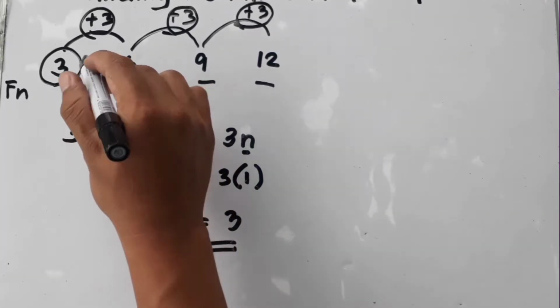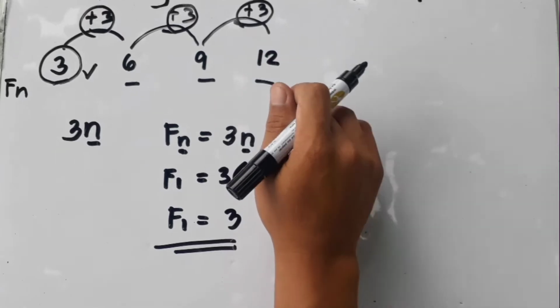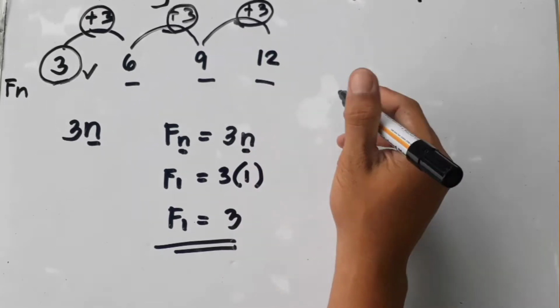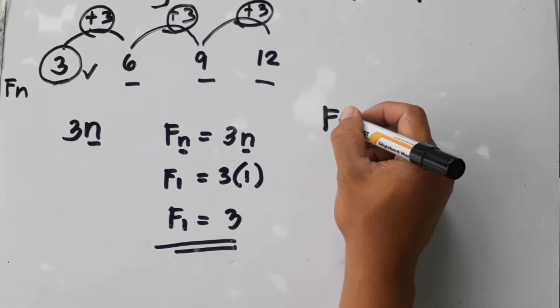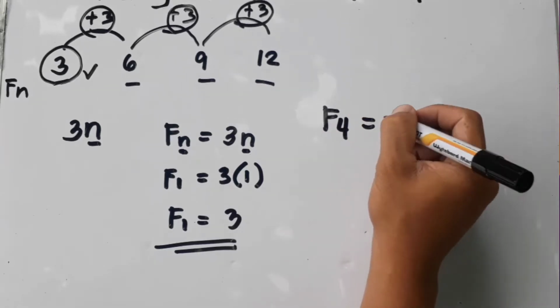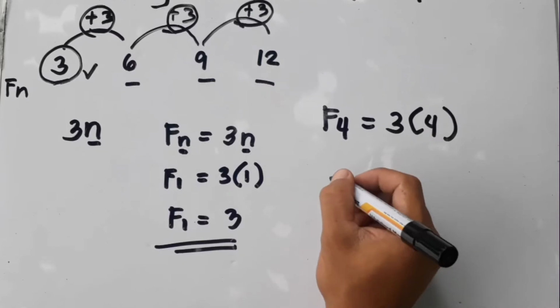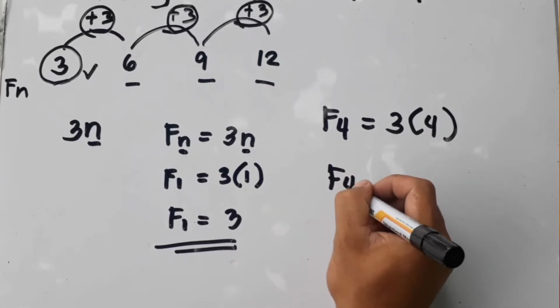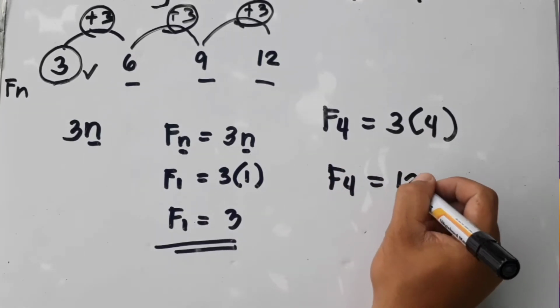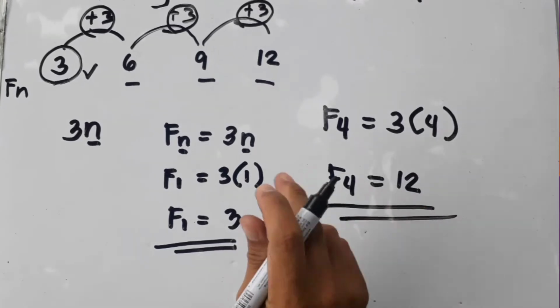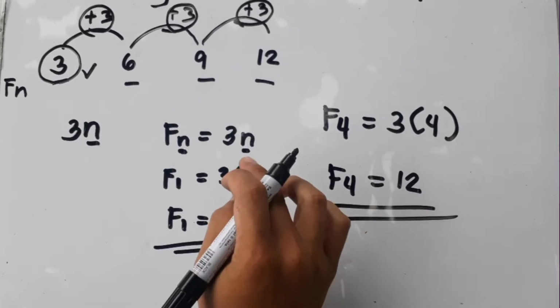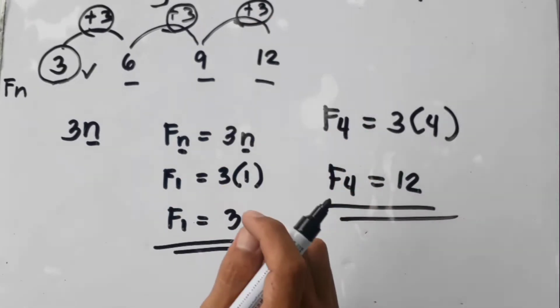So it is correct. Let us try using the fourth term. So we have f sub 4 equals 3 times 4. So our f sub 4 is equal to 12. So our fourth term for this sequence is 12.